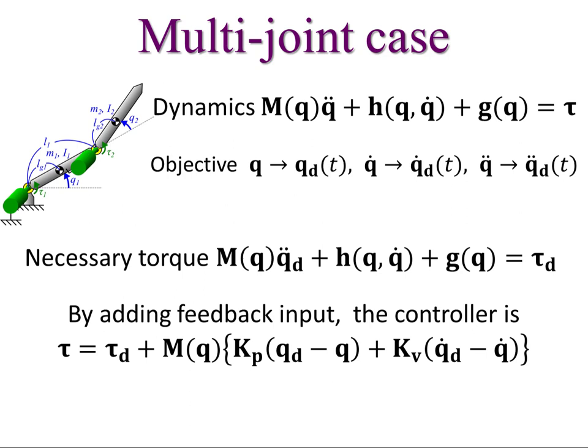These gain matrices are freely set by the control designer within the range of the positive definite matrix. A positive definite matrix is a matrix in which any quadratic form has a value of 0 or greater. Typically, it is a diagonal matrix where each diagonal element has a positive value and 0 otherwise.